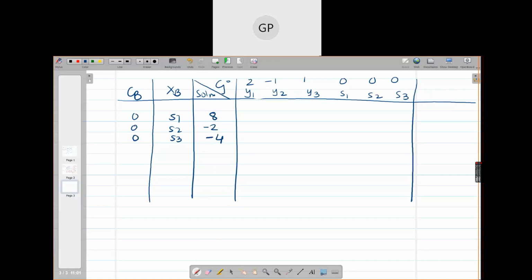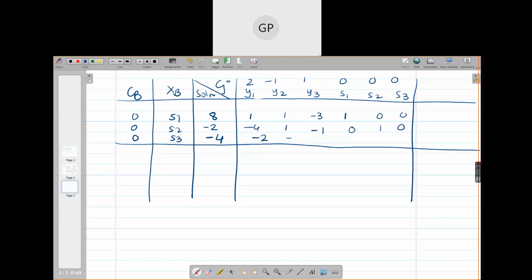Then the third row: minus 2, minus 3, 1, 0, 0, 1.